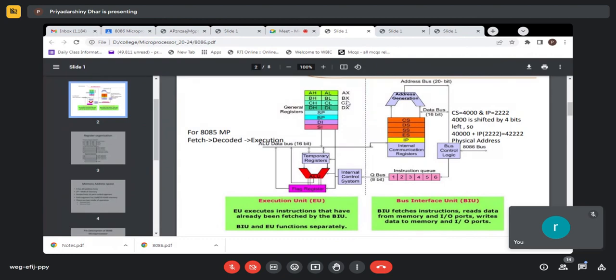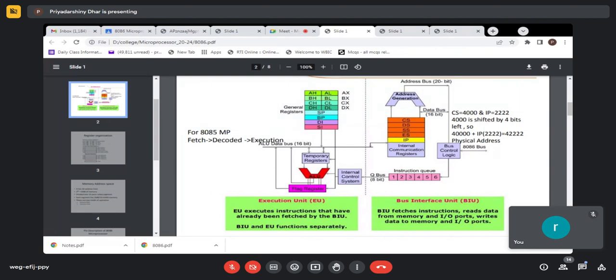B indicates the base register. I will explain what the base register is. Now, C indicates the counter. That means it counts the number. In our laboratory, we performed an experiment to count a 16-bit number and store it in some memory location. There we wrote C equal to 16.